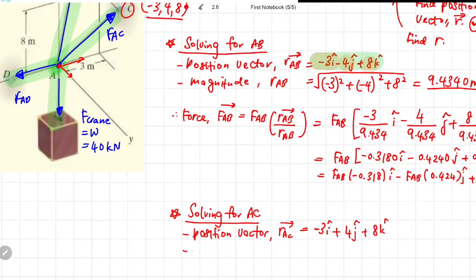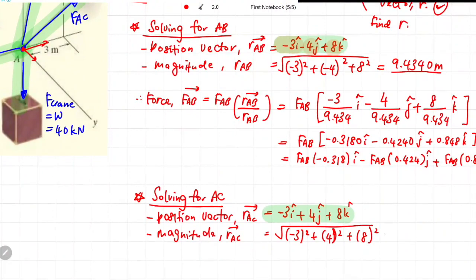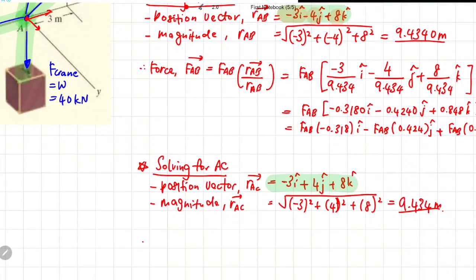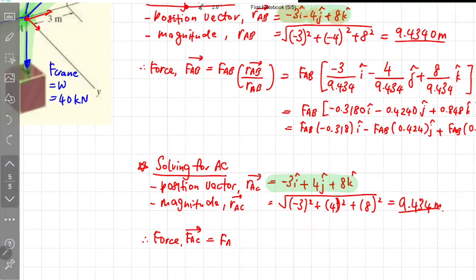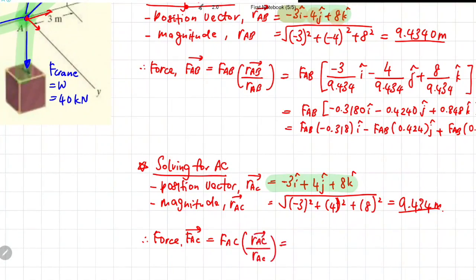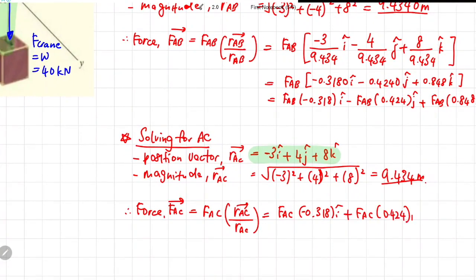Sama je step. Accordingly, cari the magnitude for the position vector for cable AC, and then sama macam step sebelum ni, create a new vector equation for force along cable AC. Step dia sama je macam step sebelum ni. So, I'm going to fast forward this particular section. Okay, you should try this on your own.